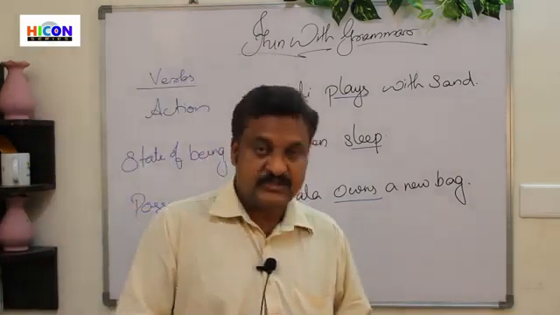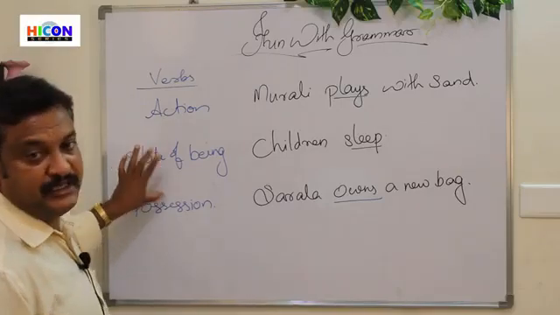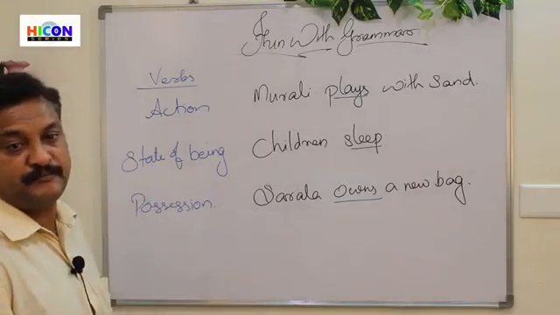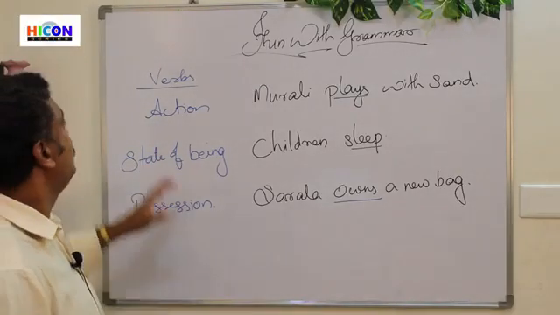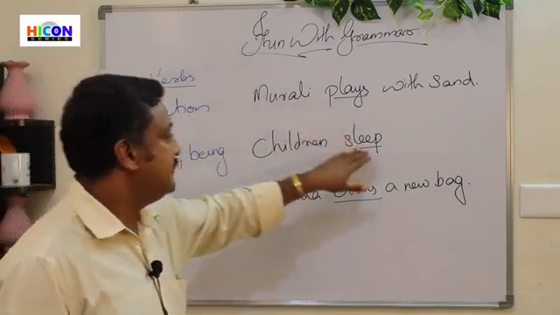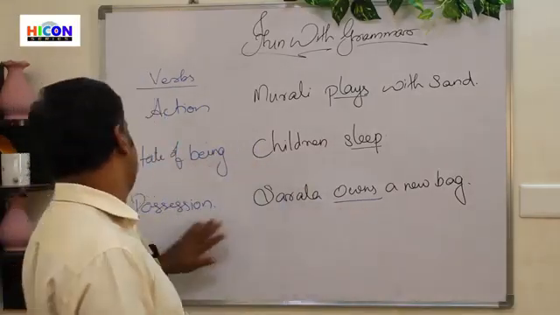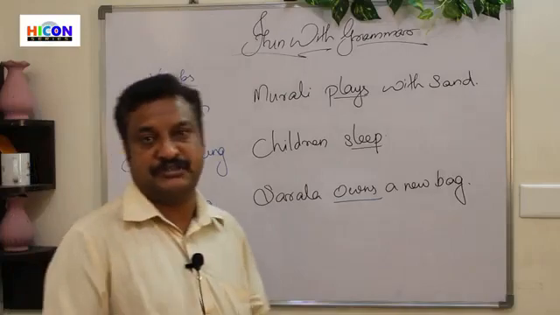So, verbs basically show action, state of being and possession. Plays is a verb which shows an action. Sleep is a verb which shows a state of being. And owns is a verb which shows a possession.